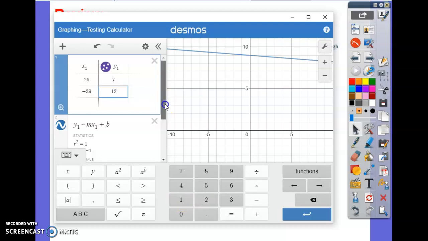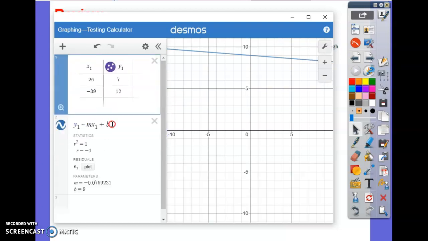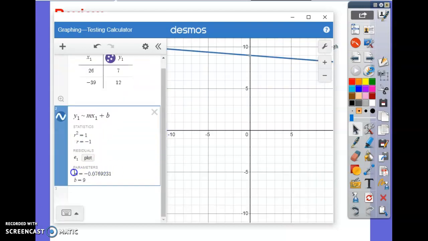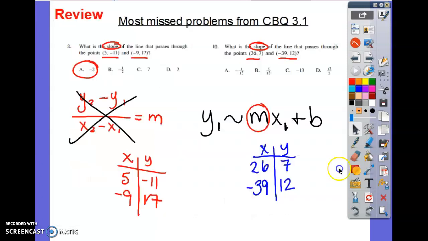Okay, so guess what? My equation already changed. This is my slope, right? But I know it's a fraction, so I'm going to go look. It's a negative decimal. So my answer has to be a negative decimal, not a positive, right?